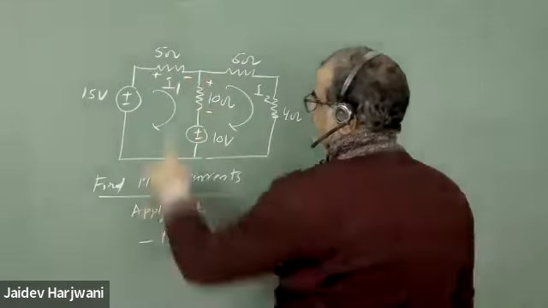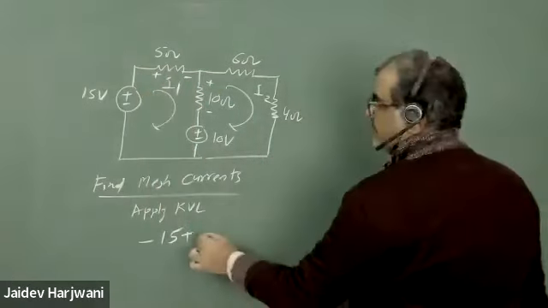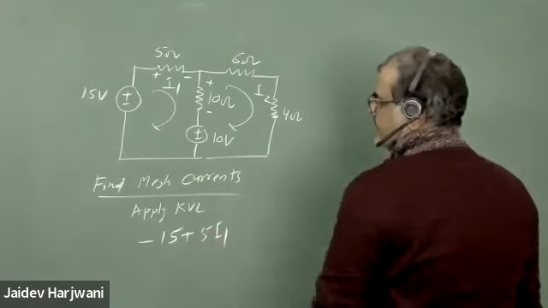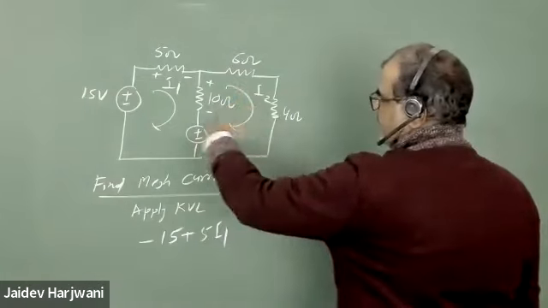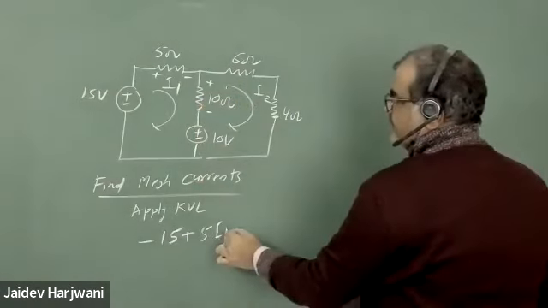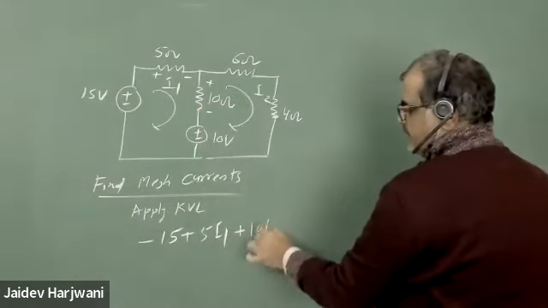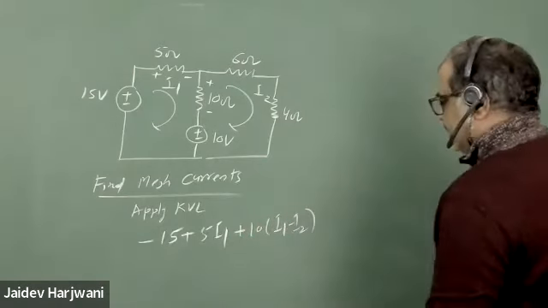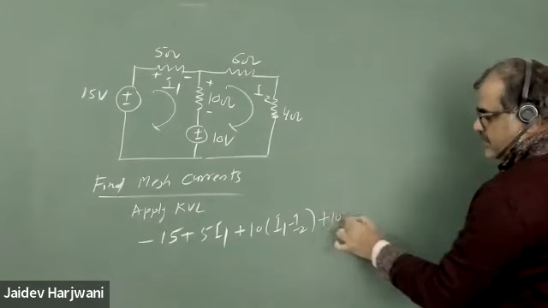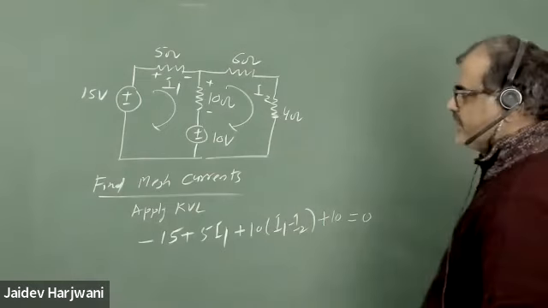So 5 I1 will come. And then what will we get here? Here current will be I1 minus I2, so you will have 10 times I1 minus I2, and then plus 10 volts equals 0 for mesh 1.